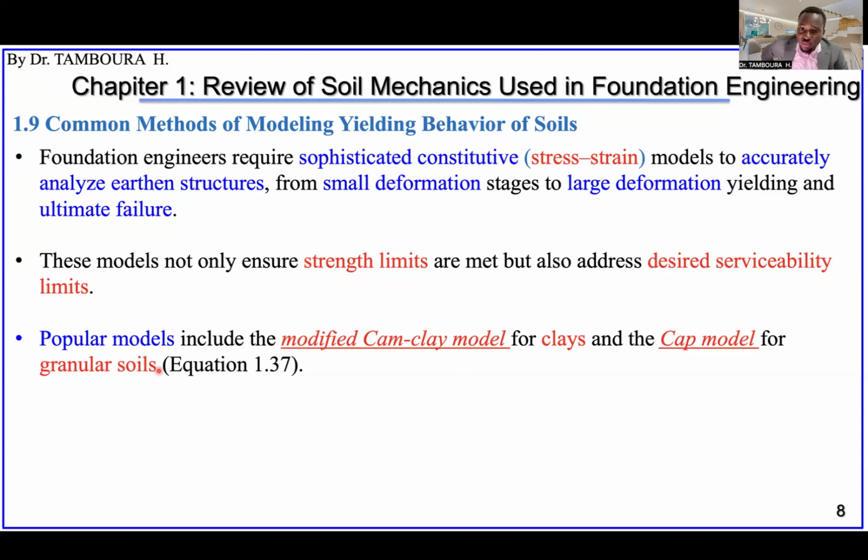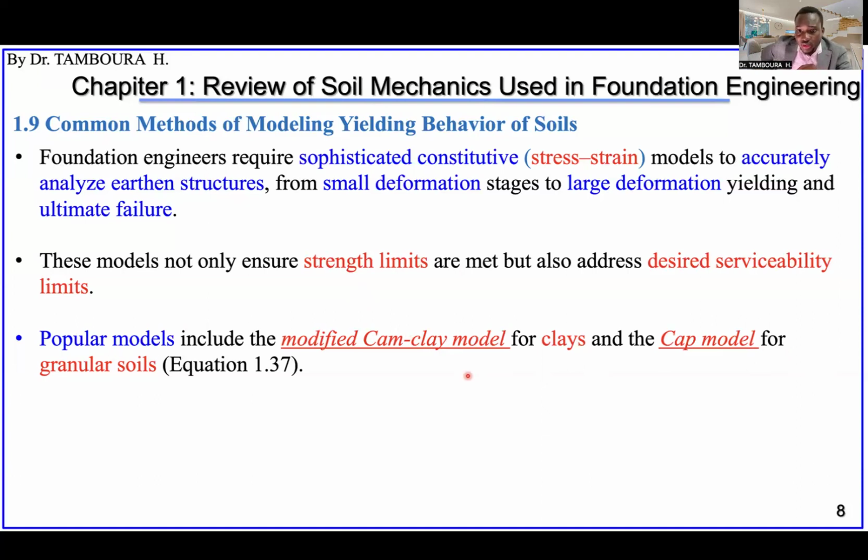You know the Mohr-Coulomb model already. In this program, we will mainly talk about these two. But if you have any modeling software, you can check the different models that your software is offering.